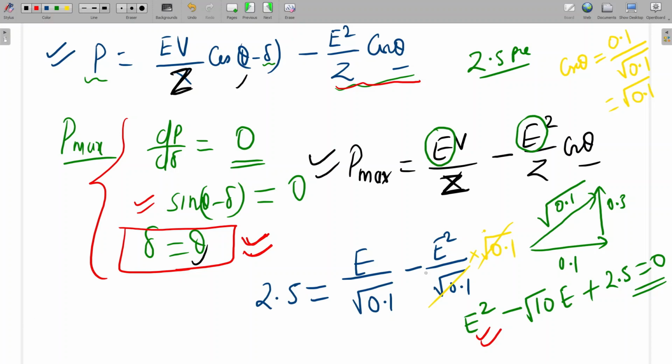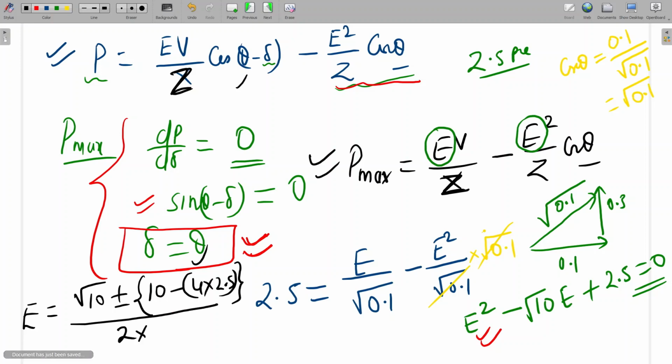Just apply the quadratic equation rule, minus b plus minus under root b square minus 4ac by 2a.